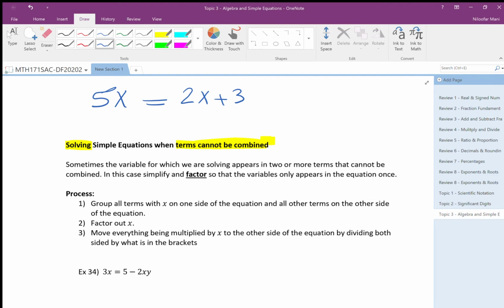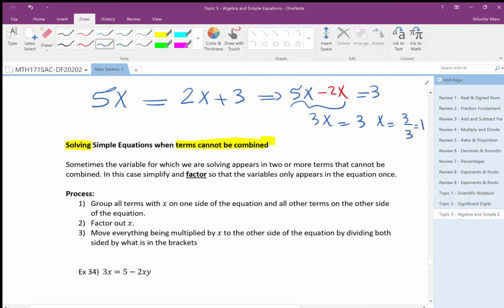The first step is I move. So I do 5x minus 2x. Why minus? Because when I move from this side to that side, I change the sign. If I don't move, I don't change the sign, which happens for 5x and 3. In this case, I can combine them. 5x minus 2x is 3x equal 3, and then x is 3 divided by 3, which is 1.